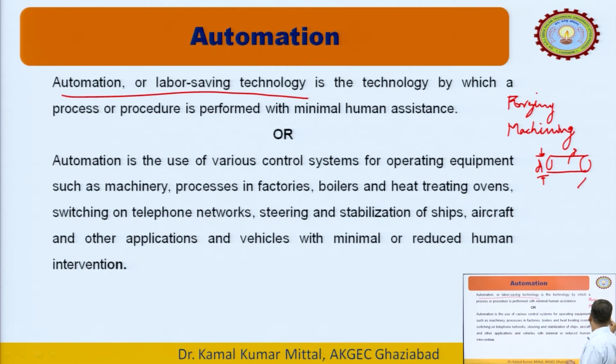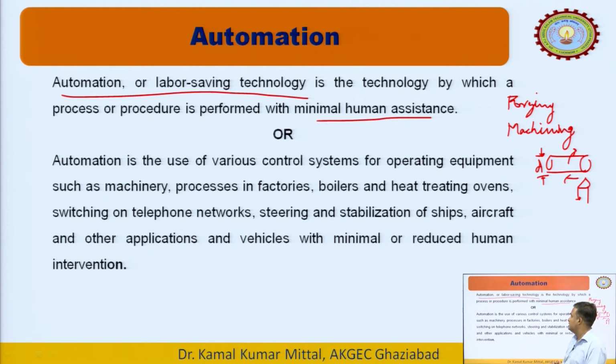The tool is running in this direction automatically, so there is no involvement of a human being, and chips are removed. So this process is performed with minimal human assistance.